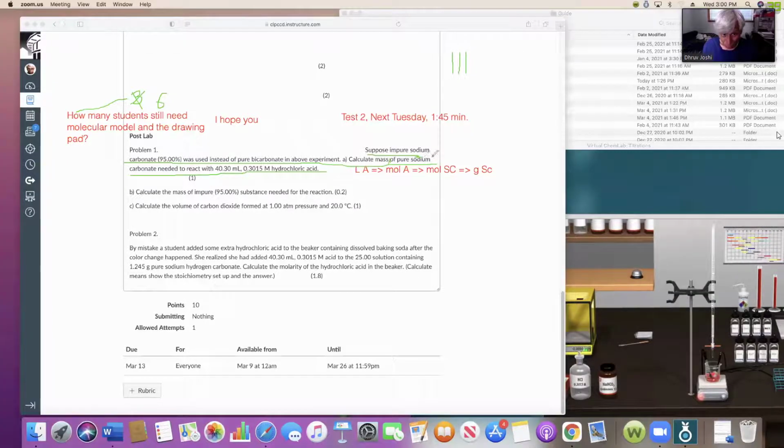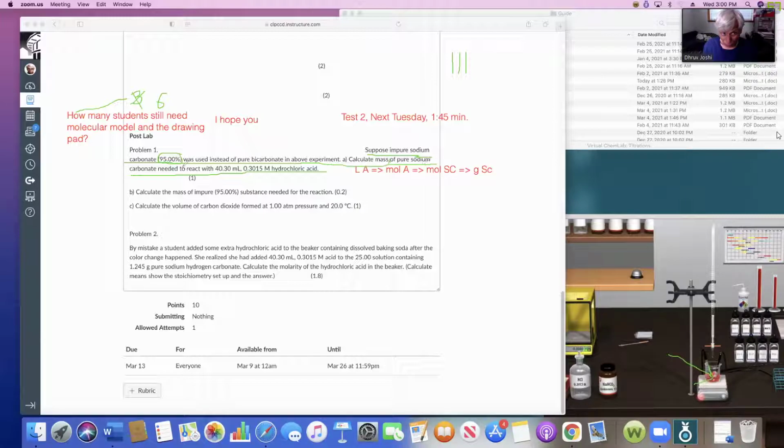Suppose the impure sodium carbonate was used instead of pure bicarbonate in the above experiment. In this experiment here, we use bicarbonate. But instead of bicarbonate, somebody used impure sodium carbonate, 95% sodium carbonate in that substance, and then the reaction was carried out.